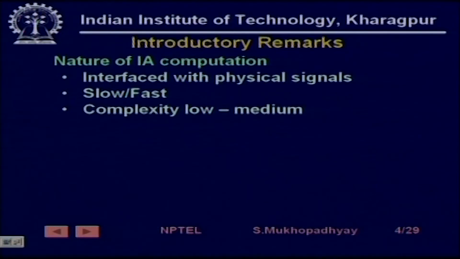The complexity of these tasks is also not very high, some of them are very simple. Relay ladder logic diagrams are often very simple, but there could be other complicated control algorithms, there could be self tuning algorithms which could be somewhat complicated. So, I would say that the complexity of these tasks is low to medium, not highly complex. Interestingly, many of these tasks are repetitive.